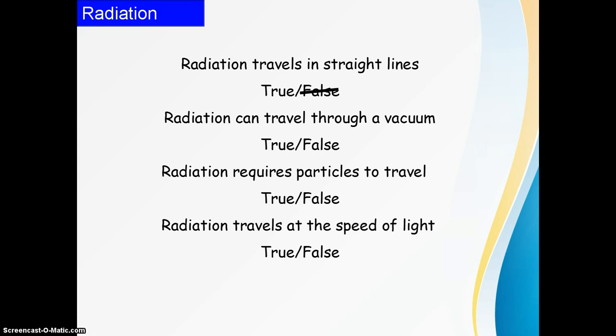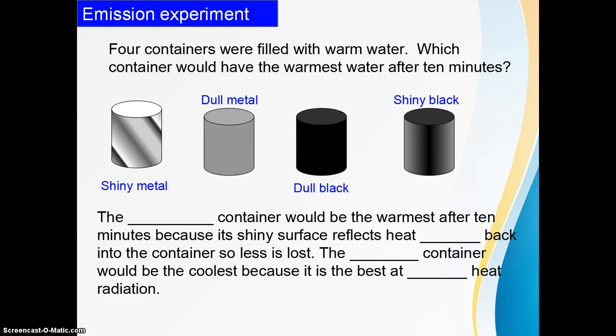Radiation travels in straight lines. Radiation can travel through a vacuum also. Does radiation require particles to travel? No, it doesn't require any particles for its travel. Radiation travels at the speed of light.